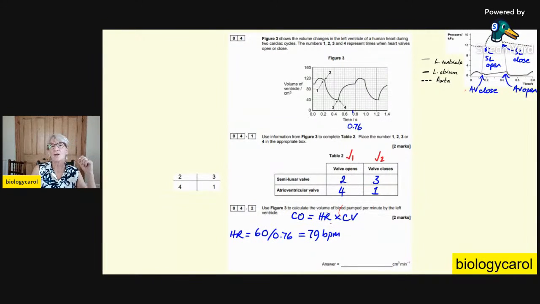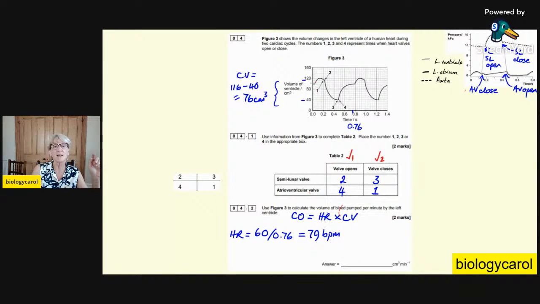Now we need the cardiac volume, the volume of the left ventricle. Well, gloriously, this graph is the volume of the left ventricle. Woohoo! So does it make sense that we need to get the volume of the left ventricle by taking the minimum volume away from the maximum volume?